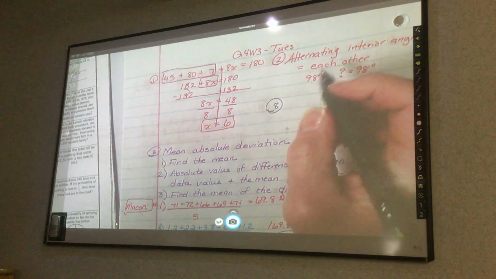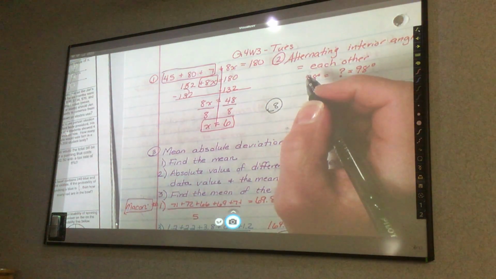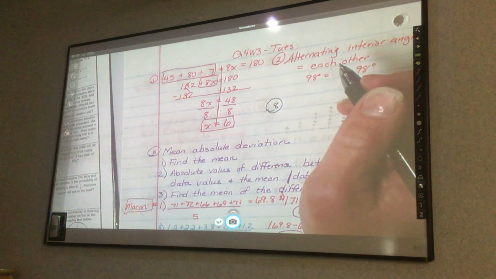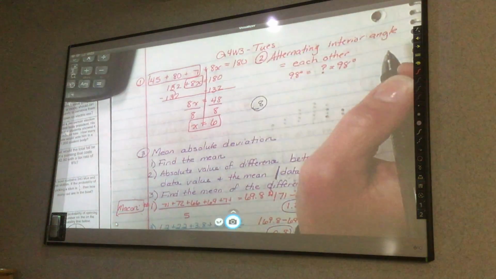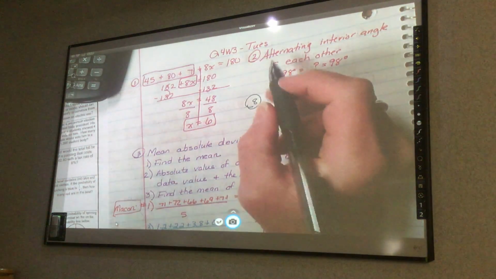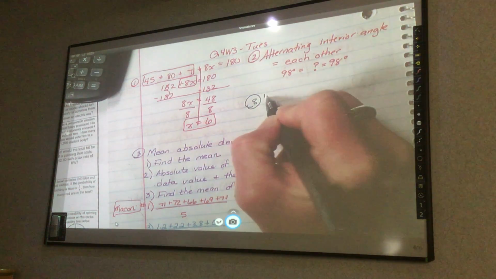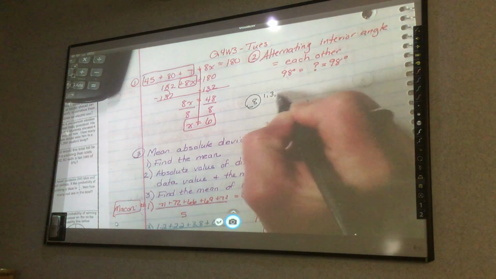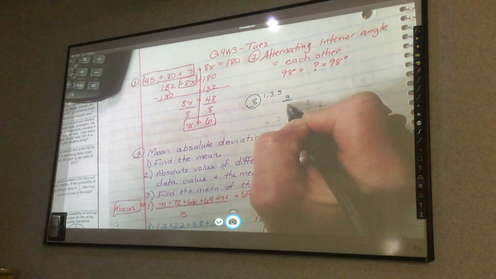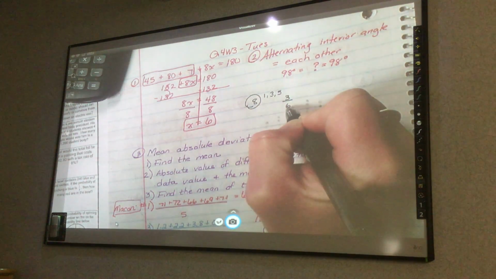A single die is rolled 100 times. List the probabilities below from least to greatest. So the probability of an odd number. Okay, so what are our odd numbers on a die? 1, 3, and 5. So that would be 3 out of 6, right?